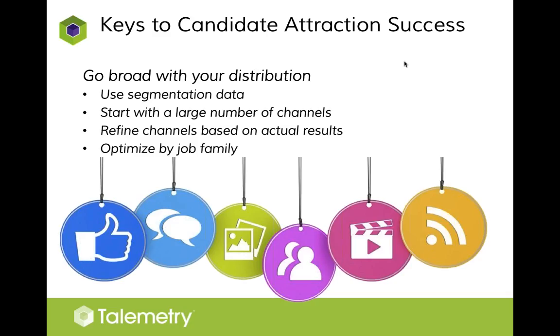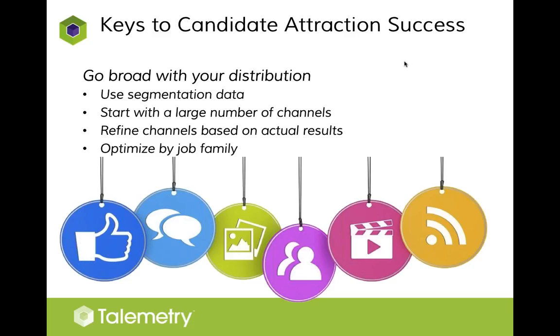This is a little bit counterintuitive, because a lot of clients have too many applicants, but not enough really good quality applicants. So we often say go broad with your distribution, but broad means use a lot of channels, but understand your segmentation data so that the channels make sense, right?